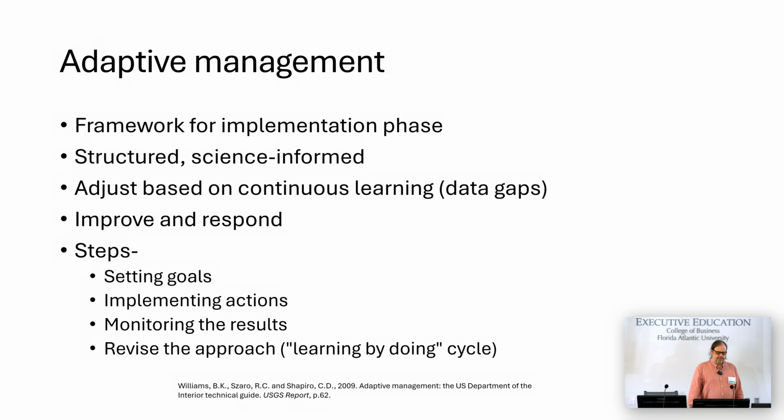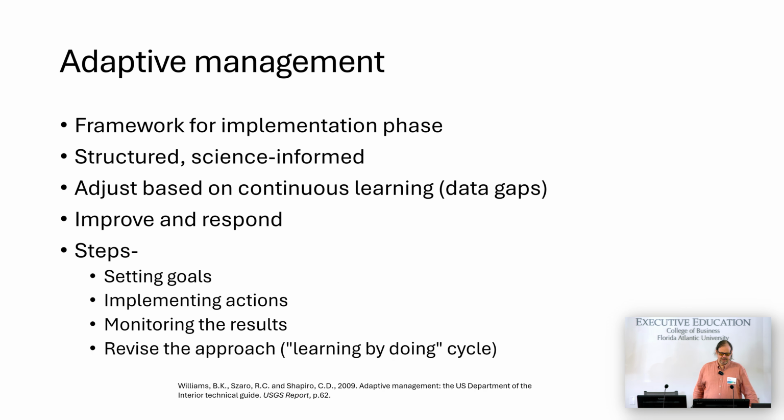So in environmental management, something that's very popular and that comes up a lot and is implemented a lot is adaptive management. And this provides a framework for the implementation phase. It brings the science into decision making where you're testing and adjusting management decisions, especially complex environmental management ones.